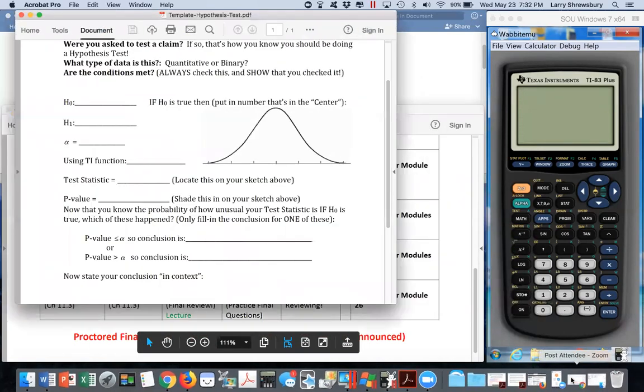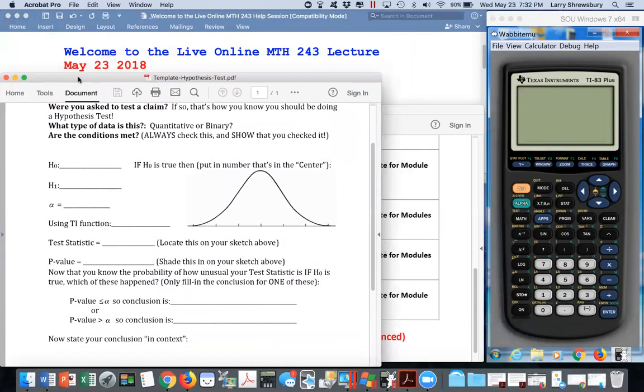Now, here's a form, a little template. If you're still kind of learning, starting, you don't quite remember all the steps, this little template is handy. And you might be wondering, where could I get one of those?